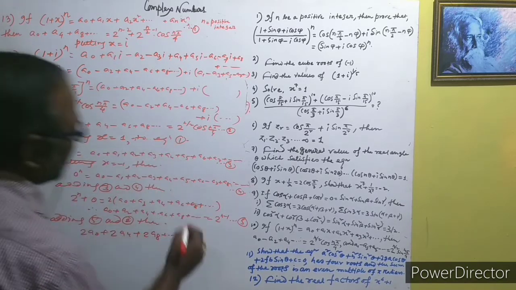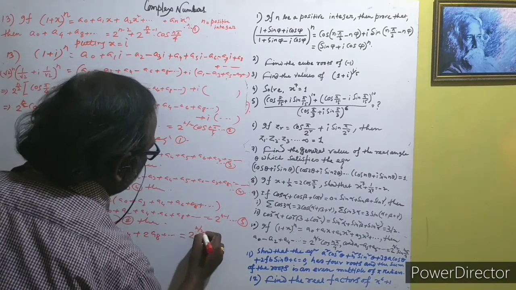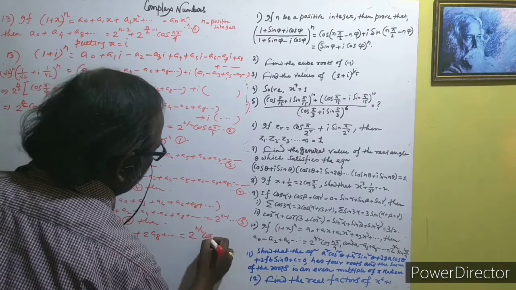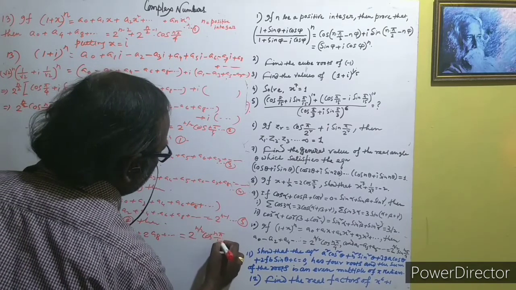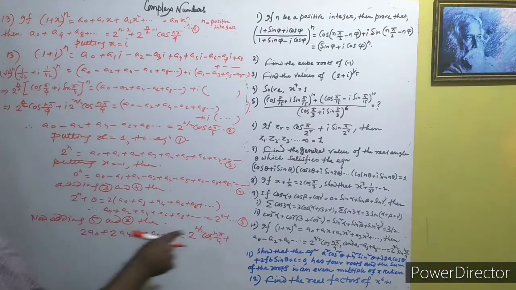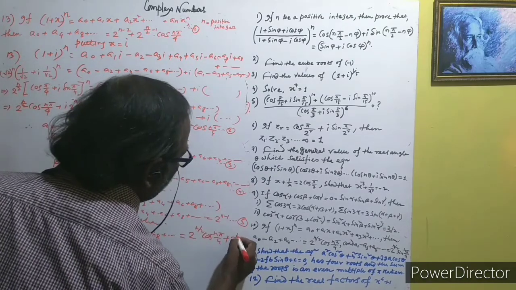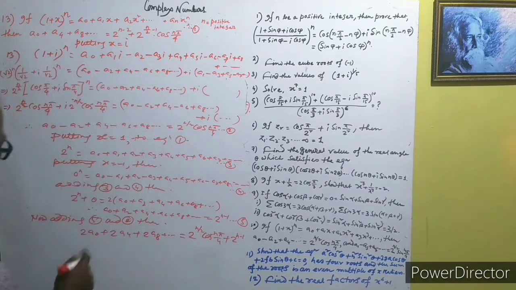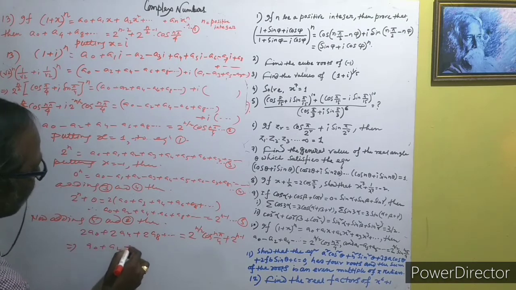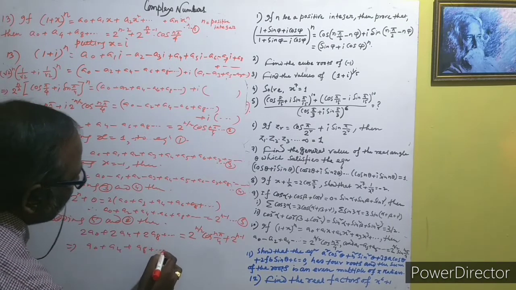And this is 2 to the power n by 2 cos n pi by 4. And this is how we get 2 to the power n minus 1, divided by 2. Then we get the answer a0, a4, a8.